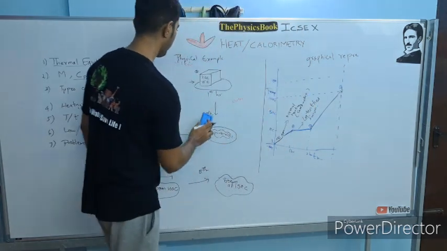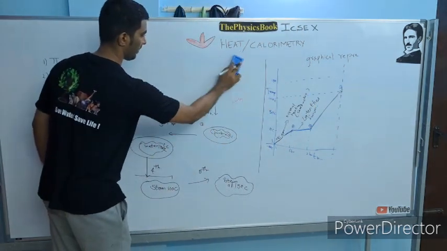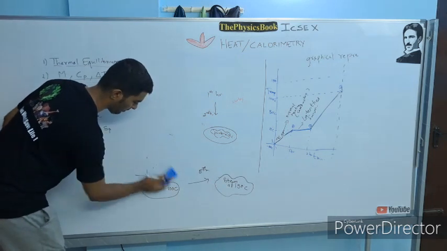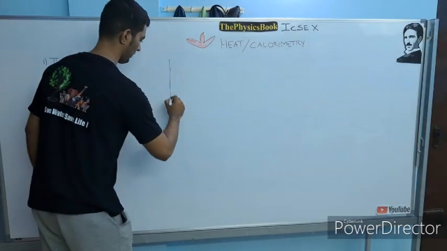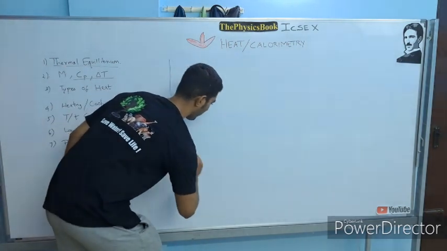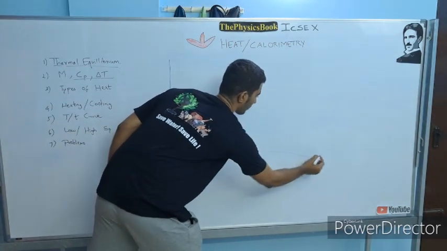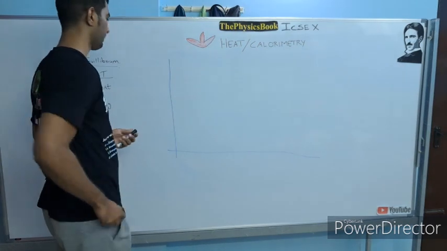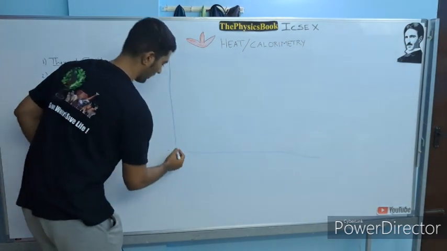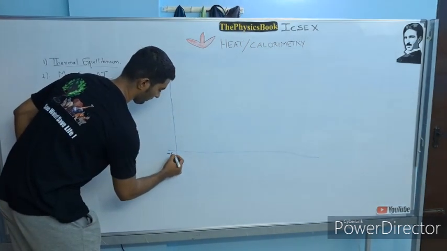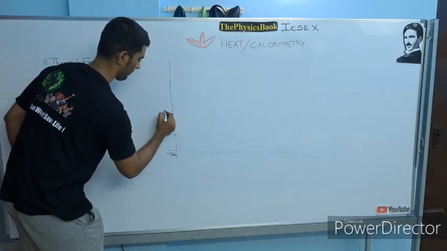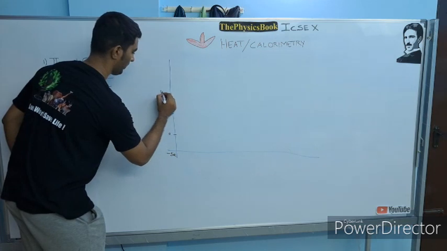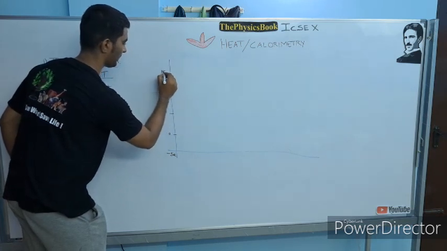So I will just redraw this diagram to understand the potential questions and how to solve problems. Same curve. I am just reiterating because it's a very important question, so I'm repeating it again and again. So let's assume minus 50 degrees Celsius, 0, 50, 100, 150.